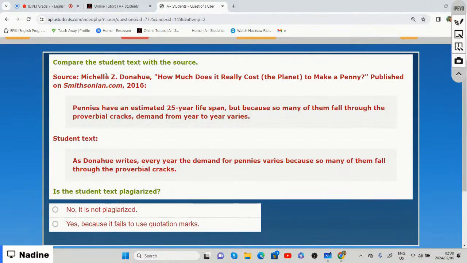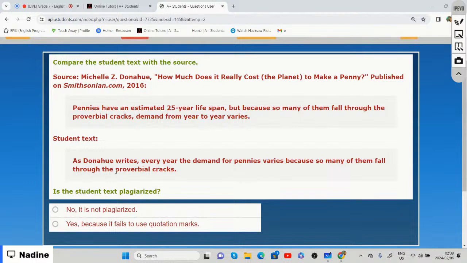So we need to compare the student's text with its sources. Right?